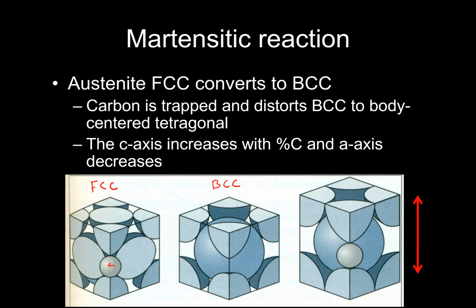But because we are quenching very quickly, under water quenching, this carbon atom doesn't have time to leave the unit cell, and as a result, we are forming a BCT cell, which is the structure of your martensite. Now what's special about this structure is it is no longer cubic, and therefore it will be very hard to deform. So this promotes the strengthening on the atomic scale that is contributing to the hardenability as a function of heat treatment.